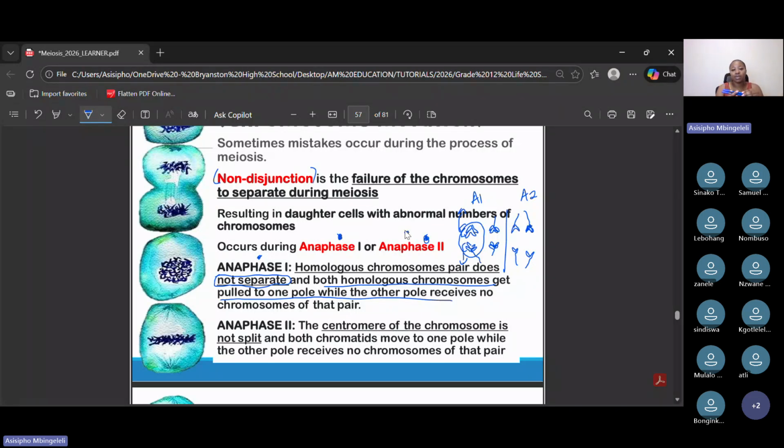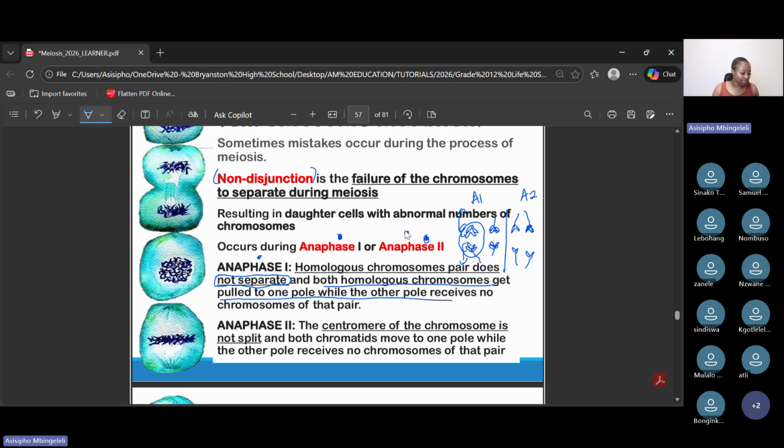But in abnormal meiosis, it is possible that during anaphase 2, instead of a chromatid going up and a chromatid going down, if the centromere does not split, the whole chromosome moves up, and then the other side of the cell doesn't receive half of that chromosome, or doesn't receive the other chromatid of that chromosome. That is non-disjunction in anaphase 2.